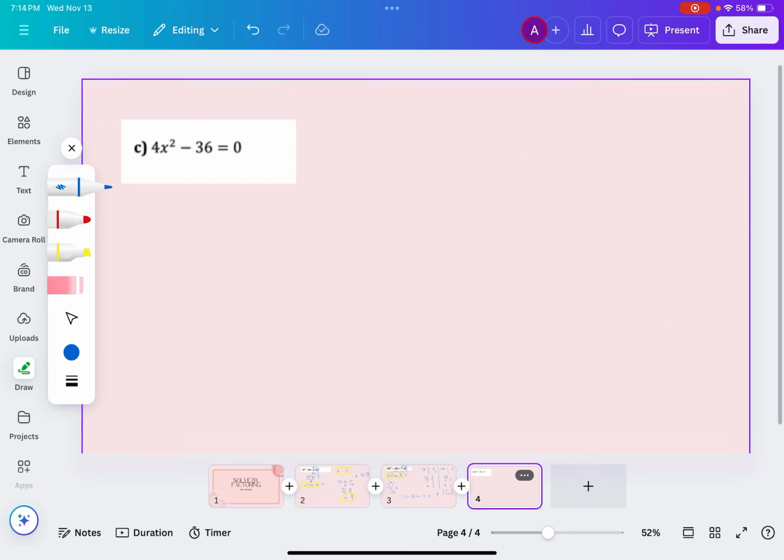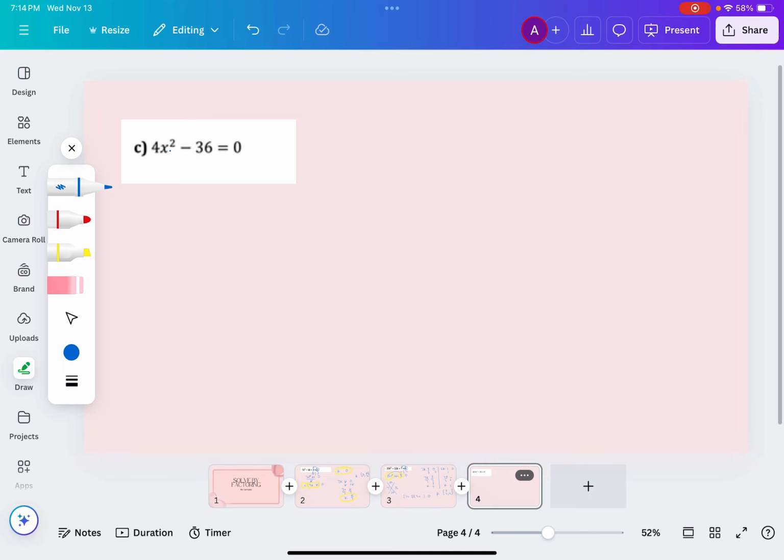So next problem. Okay, so we do have a difference right here. So a subtraction sign, we have an even exponent. 4 is a perfect square and 36 is also a perfect square. So we can use our difference of squares rule.